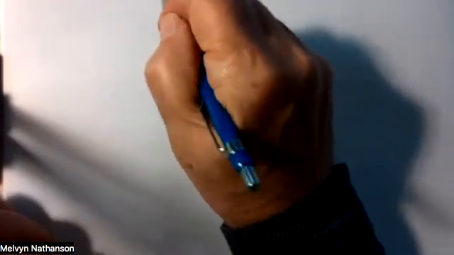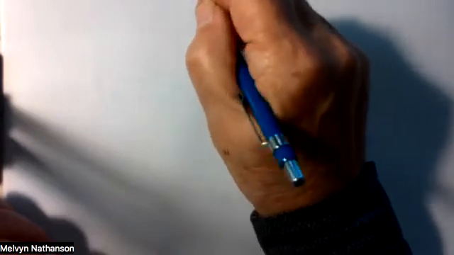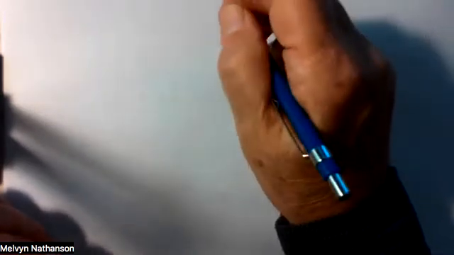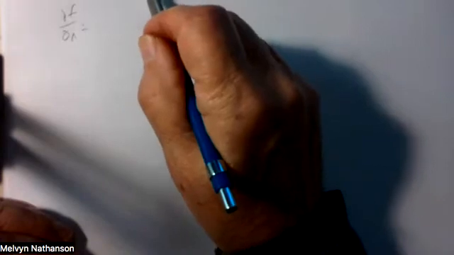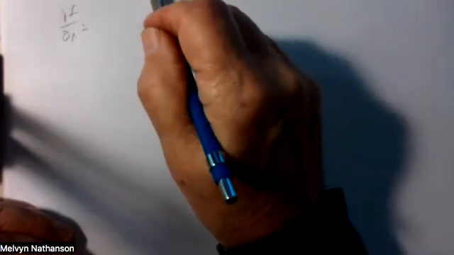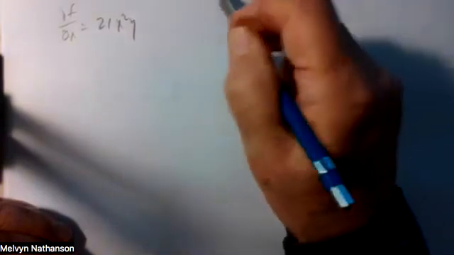So in 4, we have a function of 2 variables, a polynomial, in fact. If we want the partial of f with respect to x, the derivative of x cubed is 3x squared. 3 times 7 is 21, x squared y.